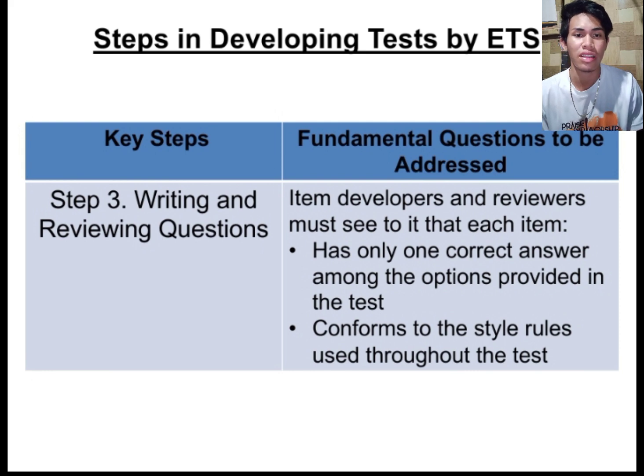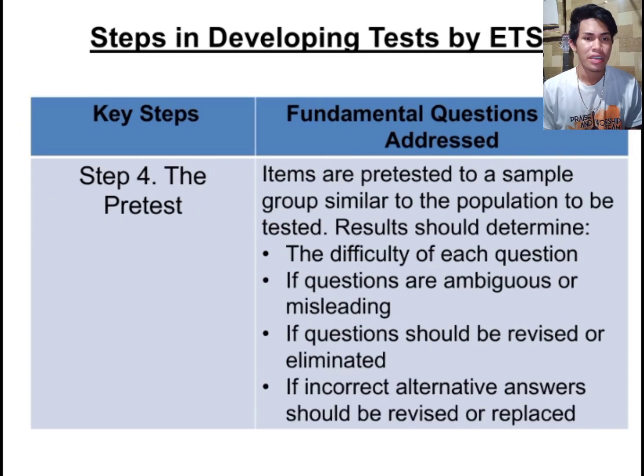Now, in step 4 in the development of tests by ETS, Educational Testing Service, the pretest is a crucial step. During the pretest, items are administered to a sample group that is similar to the population that will be tested. The purpose of the pretest is to gather important information about the test items and make necessary revisions before the actual test administration.